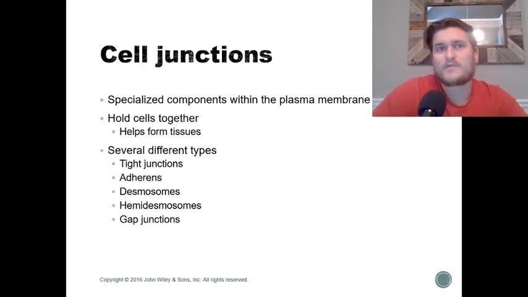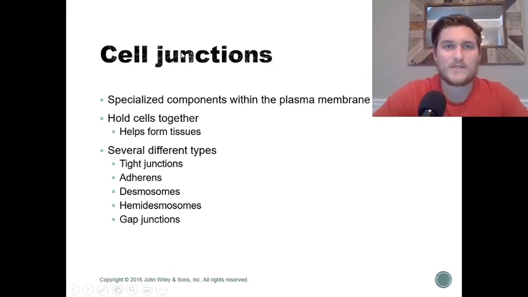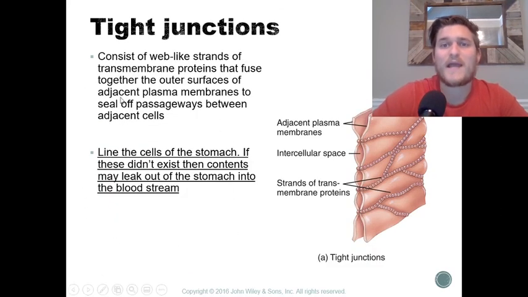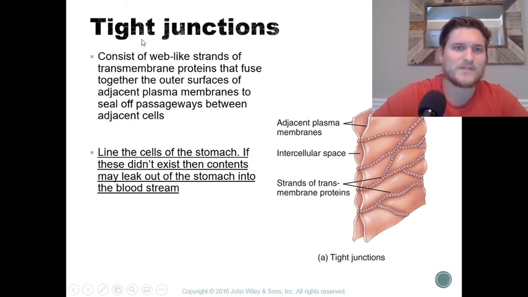To conclude the cells chapter, we are going to talk about cellular junctions. Obviously, multiple cells are going to come together to form tissues and organs. So these cell junctions help keep these cells together, and we'll talk about all the different types of these cell junctions. First, we have what's called a tight junction, and you see this in the lining of your stomach, and it's very important because if it didn't exist, then the contents of the stomach may leak out into the bloodstream, which would be very negative since you have things like acids within your stomach in order to break down certain foods.